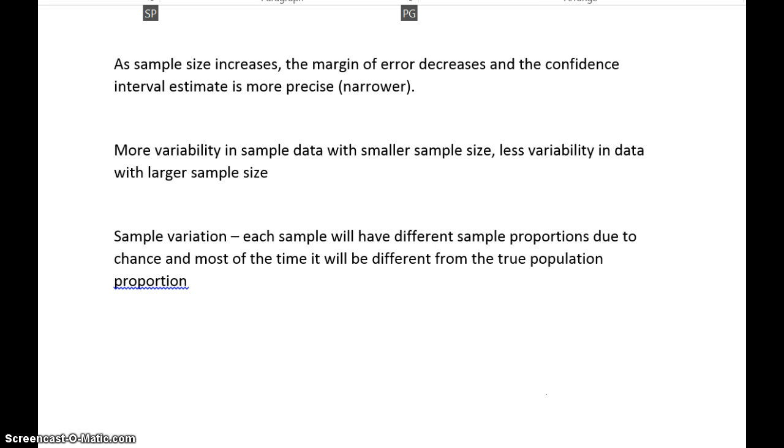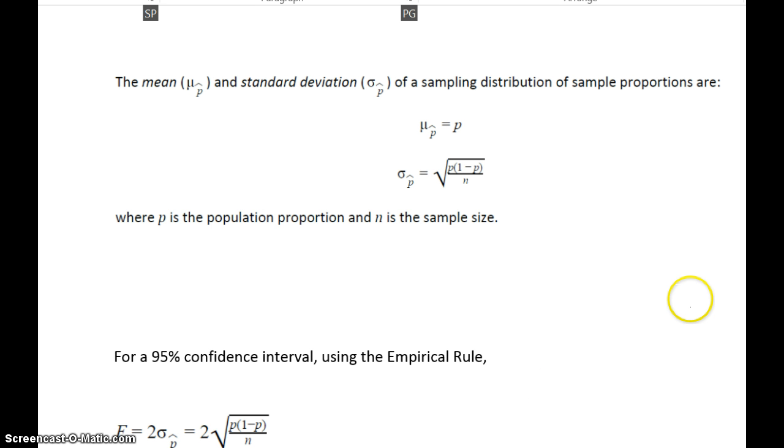Now, every time you create a sample, each sample has different sample proportions just due to chance variation. Remember, there's variability. And most of the time, your P hat values that you're getting from your sample are going to be different than the true population proportion.